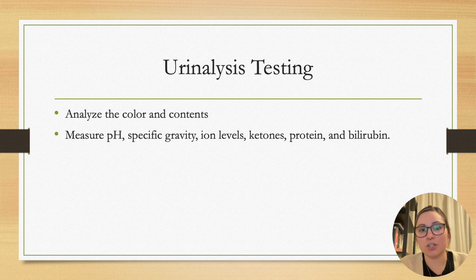So if there's protein in the urine, there's likely some kind of damage going on there, preventing that from being filtered out. Protein tests are conducted by boiling a urine sample and then examining it for precipitate. Then bilirubin is typically only found in trace amounts of urine, and if there's more, it can indicate that there's liver damage or disease, or even anemia.